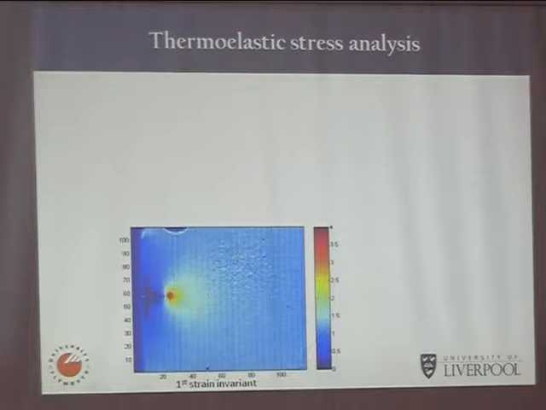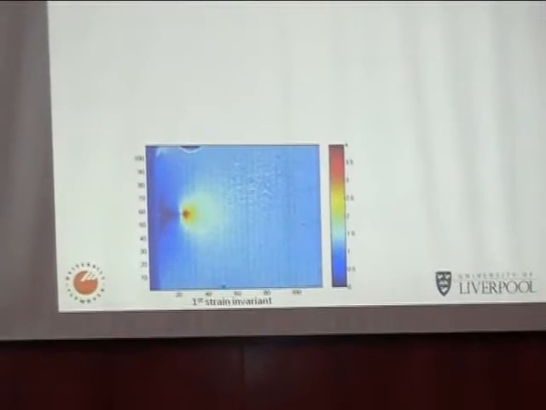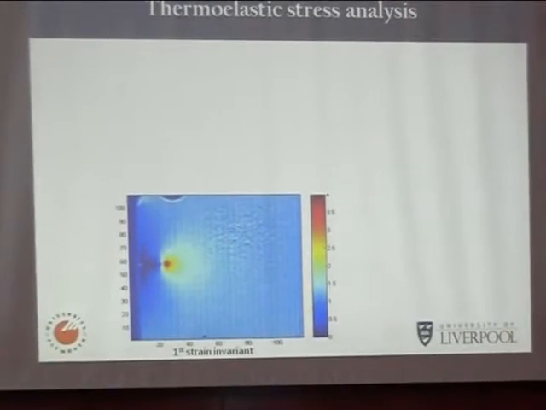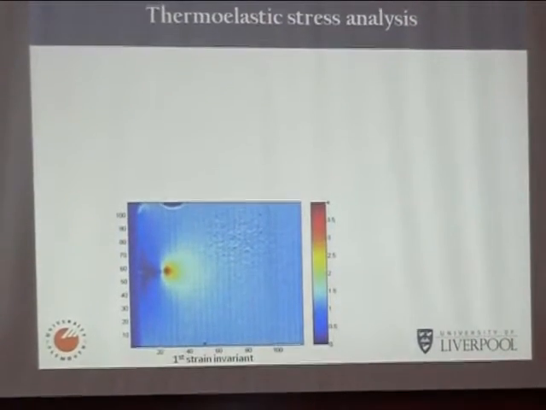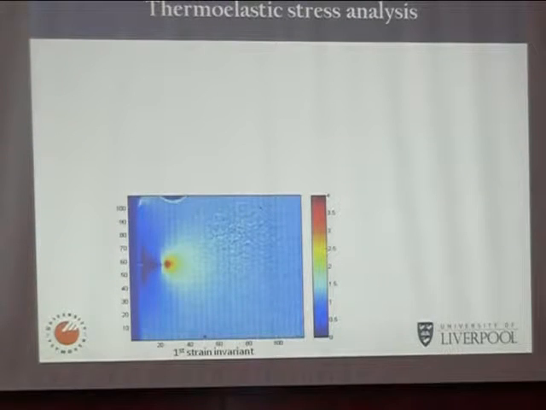Okay. So let me move on to something different. Thermoelastic stress analysis. So conventionally in thermoelastic stress analysis, you apply cyclic load, you use an infrared camera to record the cyclic variation in temperature generated by the thermoelastic effect. So when you stretch something, you get a small decrease in temperature.